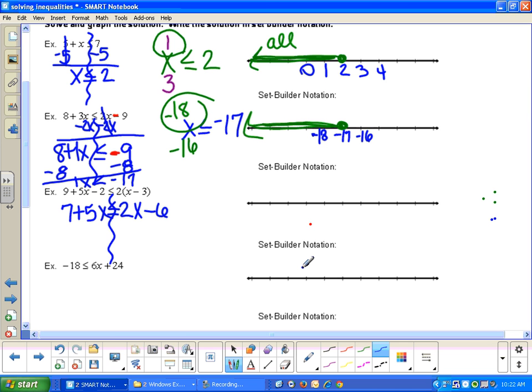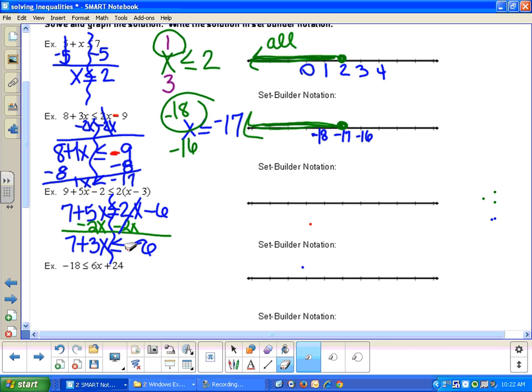So if we have 7 plus 5x on one side, 2x minus 6 on the other, subtract, we want to take away the 2x. And be sure you don't lose your negative sign. Gotta be negative 6.